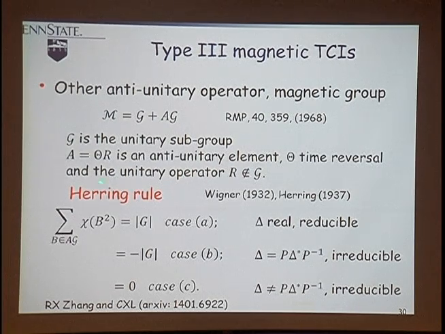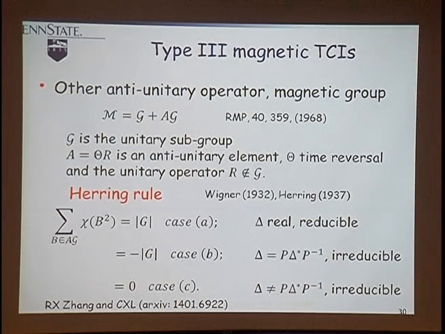It turned out that there is a very nice rule called the Herring rule, which was discovered by Wigner and Herring in the early 30s. They found a simple way to determine, for this magnetic group with the anti-unitary part, whether it will give you degeneracy or not. This is the so-called Herring rule.